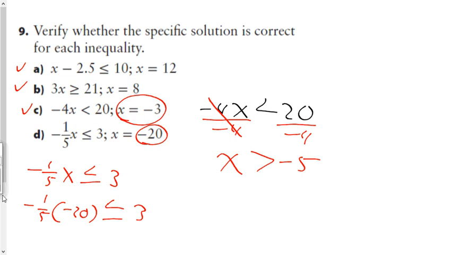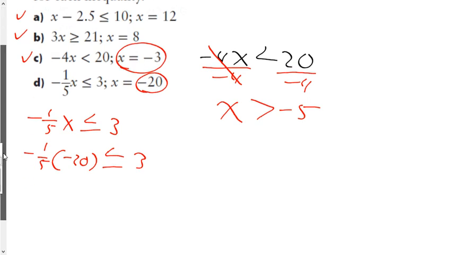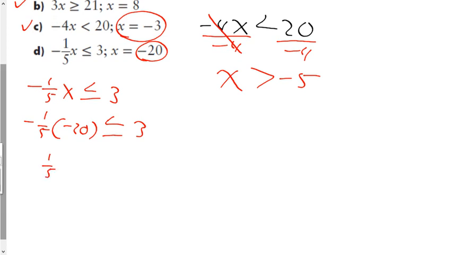From an algorithm standpoint, 1/5 multiplied by 20 will be 20 over 5, or just 4. Will it be a positive 4 or a negative 4? Right, because a negative times a negative is a positive. So is 4 less than or equal to 3? It's not true, is it? Because 4 is not less than or equal to 3.